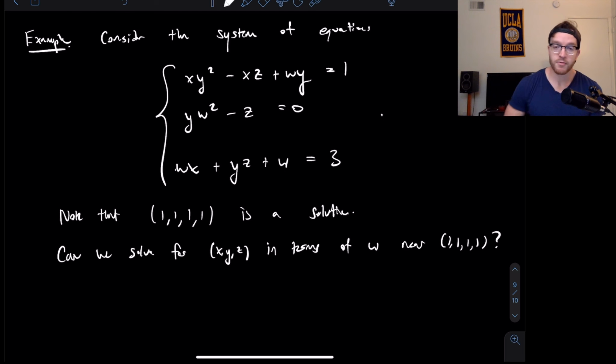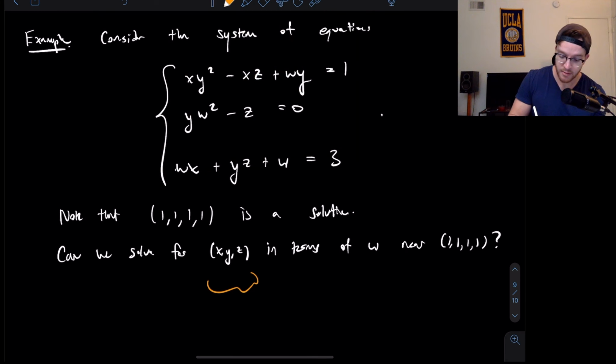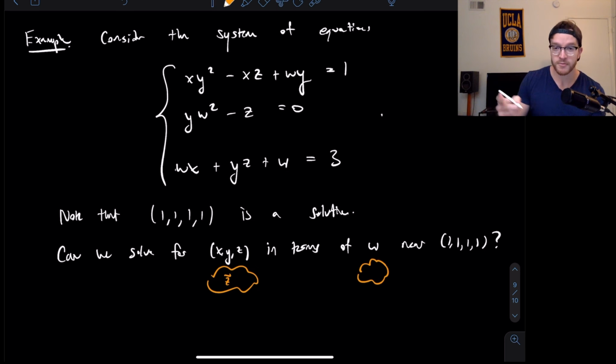So now I have 3 variables, x, y, and z. This is going to act like my z vector in the statement of the implicit function theorem, confusingly. And then the variable that I want to solve in terms of is w.